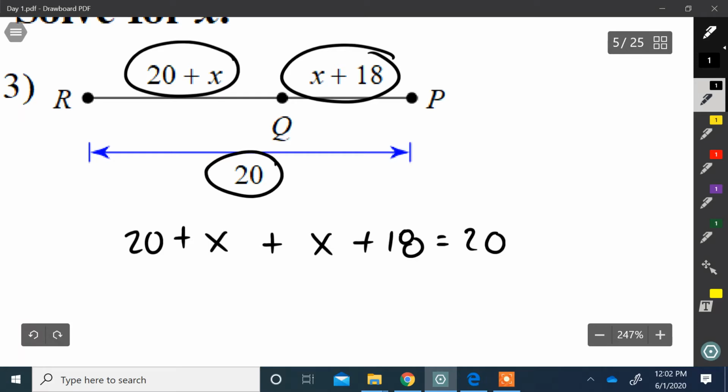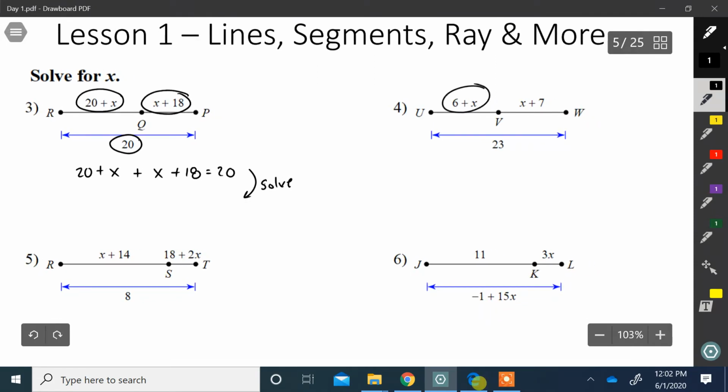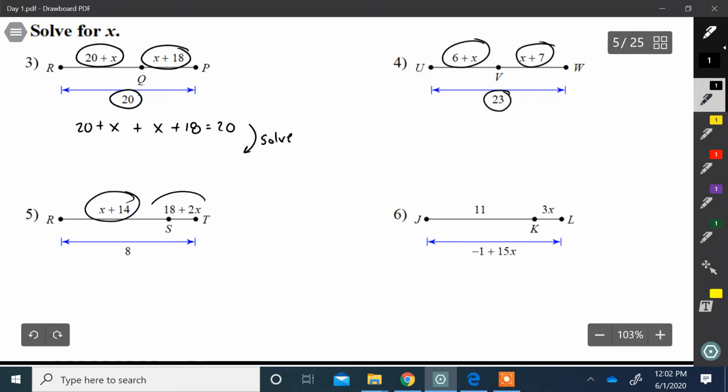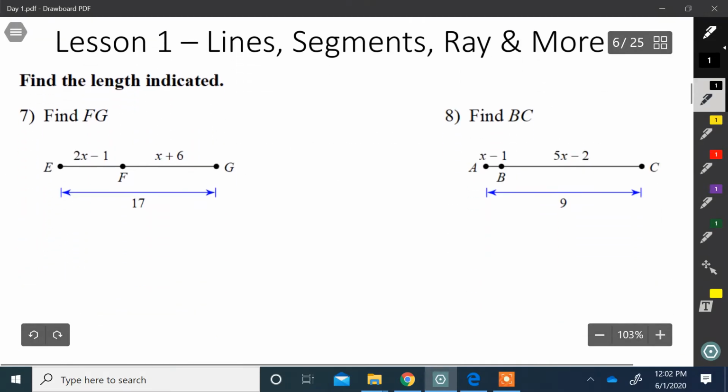You set it up and then you solve. As easy as that, guys. Same with this one. This plus this is equal to 23. This plus this is equal to 8. This plus that is equal to that. And then you solve each one of those. All right, let's go ahead and move on.